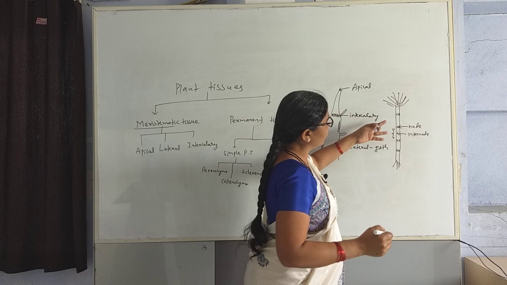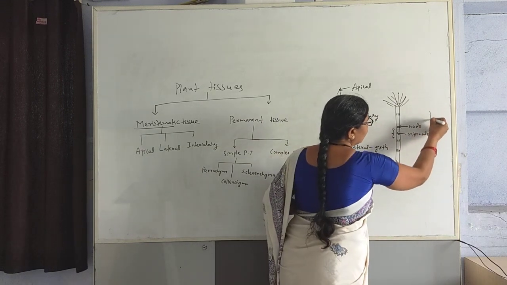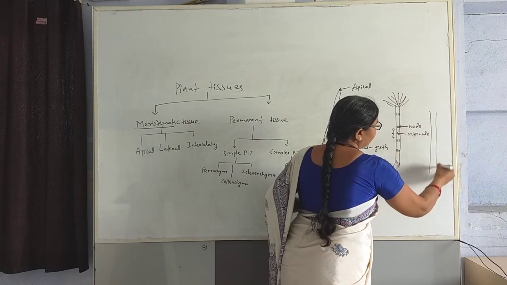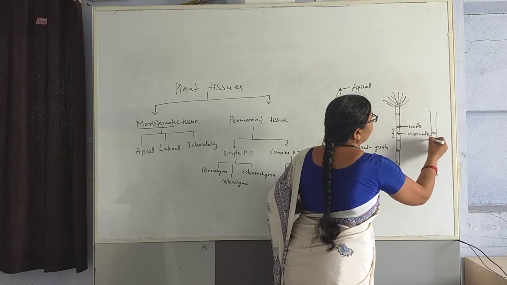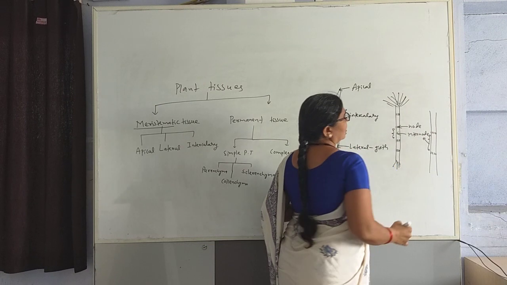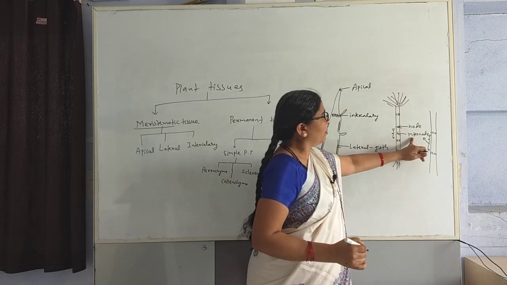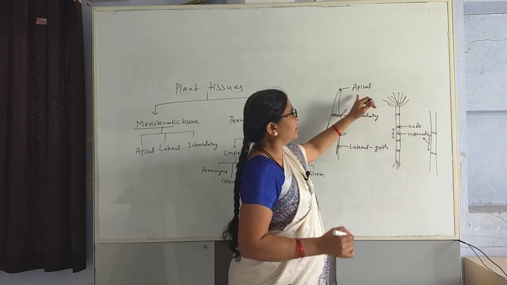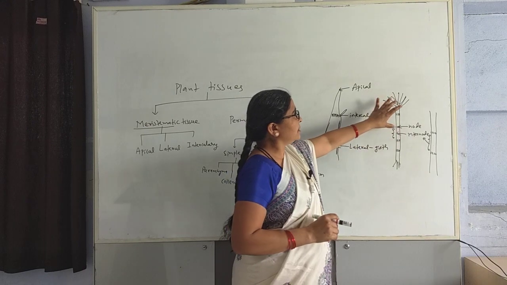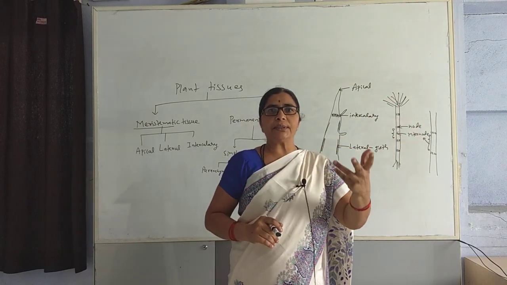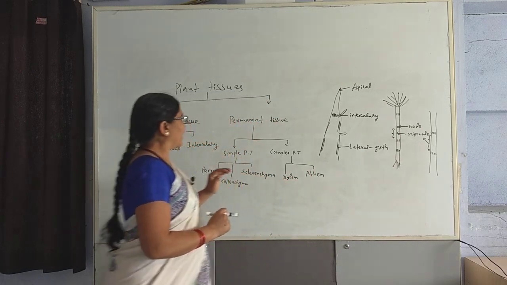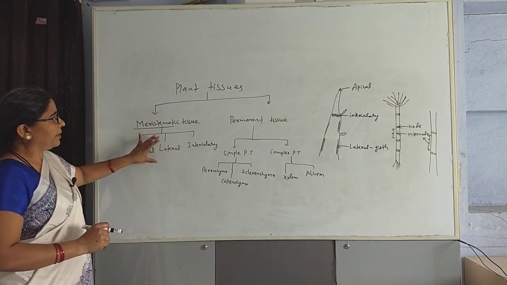When the plant grows, it increases its internode part. So, mainly we can see the growth. These cells have the ability to grow continuously. This is about the meristematic tissue.